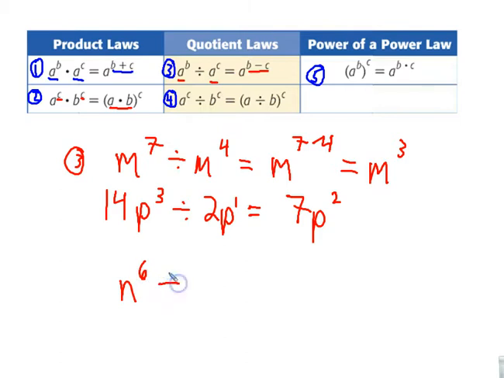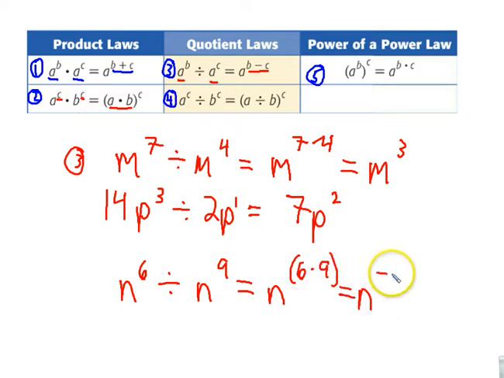N to the 6th divided by n to the 9th. N to the 6 minus 9, which is n to the negative 3. But remember, we can't have a negative exponent, so that's when we change it into a fraction. Okay, that's number 3.